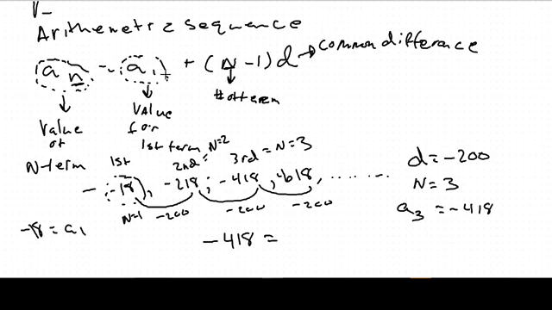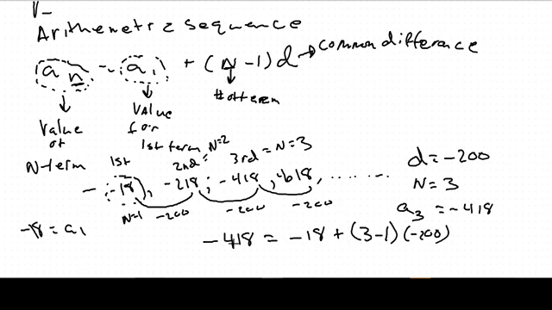This is the value for the first term. The value for the first term is negative 18, so I'm going to write negative 18 there, plus. n is equal to 3 because I'm talking about the third term, so I'm going to do 3 minus 1, and then my common difference was negative 200, so I'm going to put negative 200 there.